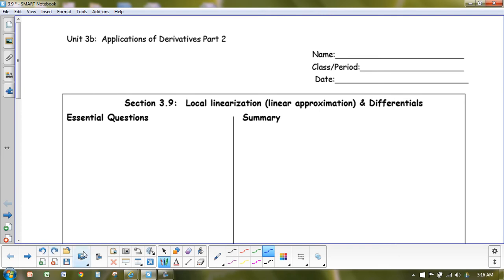Your essential questions for today are, how do you use a linearization to approximate a function value?